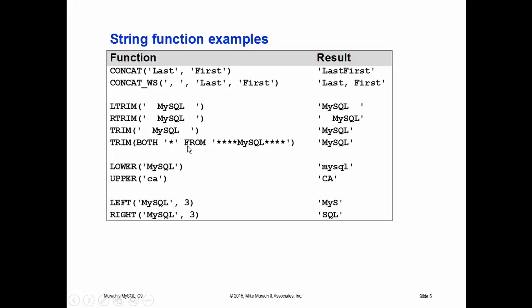The trim functions we've talked about already. Ltrim removes leading spaces, rtrim removes trailing spaces, trim removes both. Lower for lowercase, upper for uppercase. Notice in MySQL, when you say left with 3, it gives you the first 3 characters, and right gives you the last 3 characters.